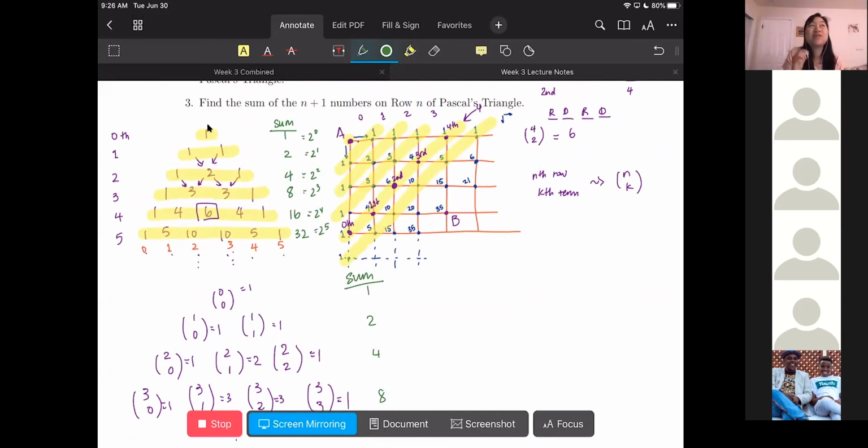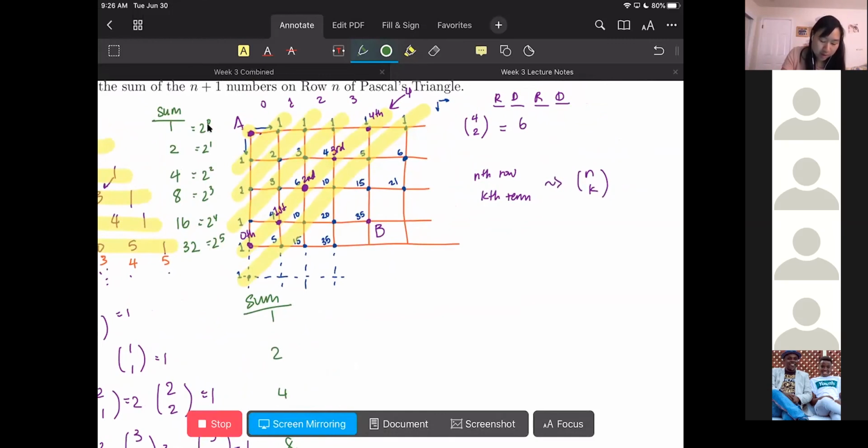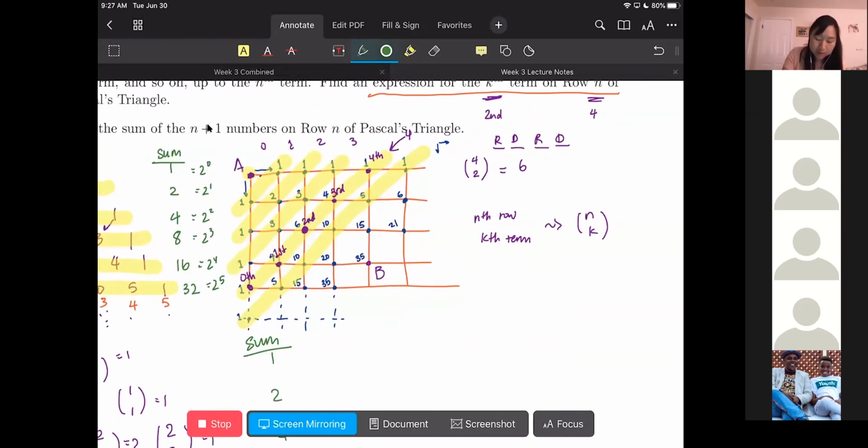Okay, let me try to rephrase. I think I see what you're saying. There's a couple of different explanations. The first one is you could go back to our path counting, and we could see that for each row, we want to count the total number of paths that are distance n away from A. For example, say n is 4, then there's basically 4 blocks that A has to travel.